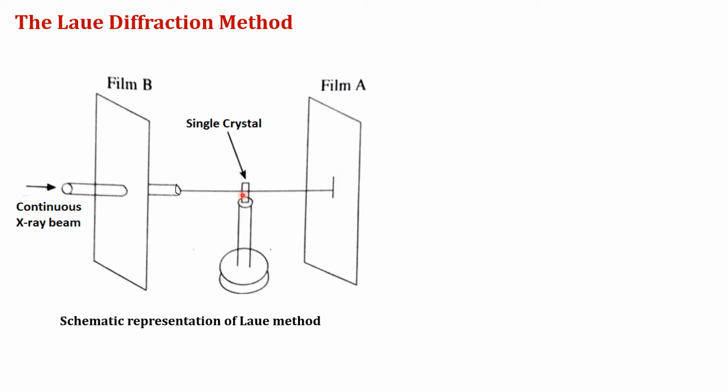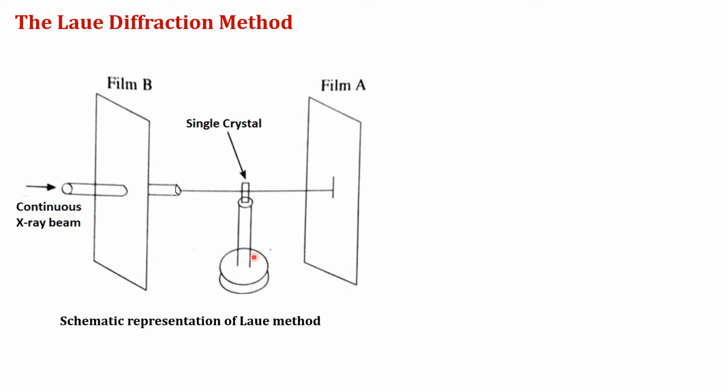Here the single crystal is held stationary in the path of the X-ray beam, fixed on a goniometer head. The goniometer gives the best alignment of the crystal, which is exactly normal to the direction of the incident beam.